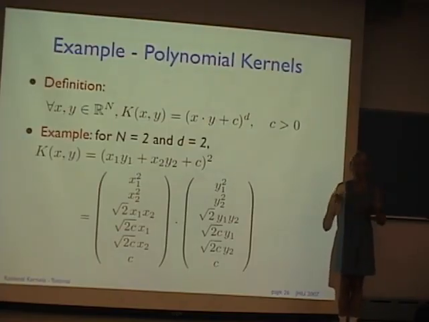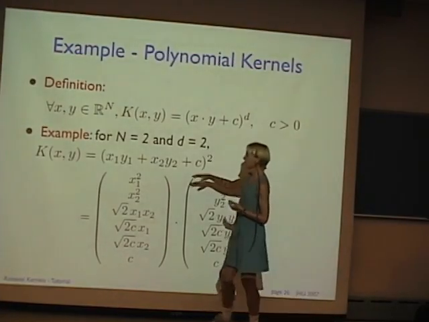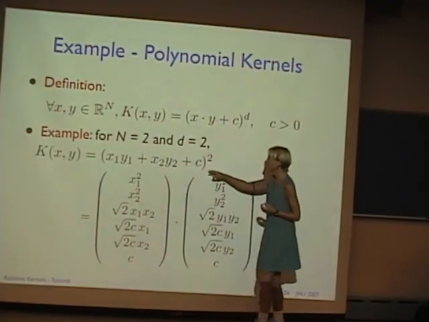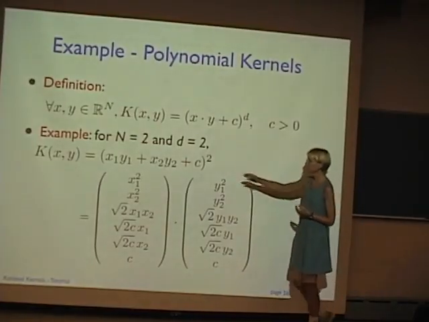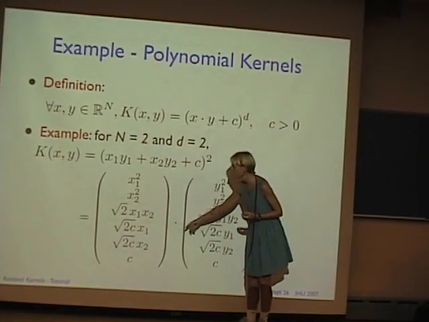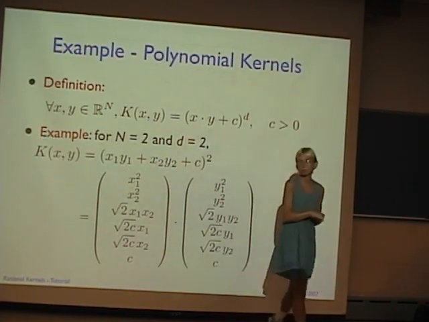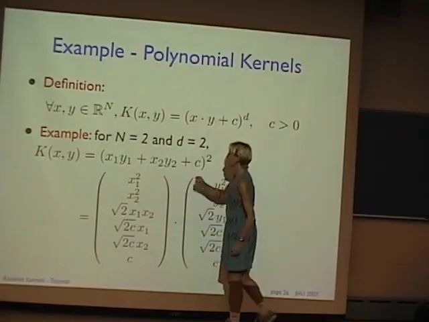You set the parameters, and just use a polynomial with d equal 2. Now, the inner product between 2 points x and y, if you write it out for a two-dimensional space, is just this expression. This is equivalent to taking the inner product between these 1, 2, 3, 4, 5, 6-dimensional vectors. The solution is the same, whether you take the inner product of these or you just compute it like this.